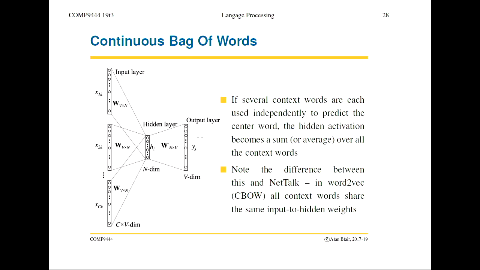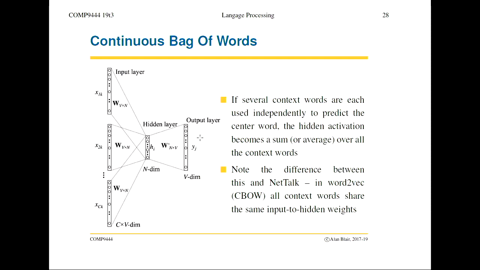Instead of calculating the outputs for every single other word and turning it into a probability, what I'm going to do is just randomly choose a certain number of other words, and I'm going to train the output of the correct class to be bigger, and I'm going to train the output of the incorrect words to be smaller.